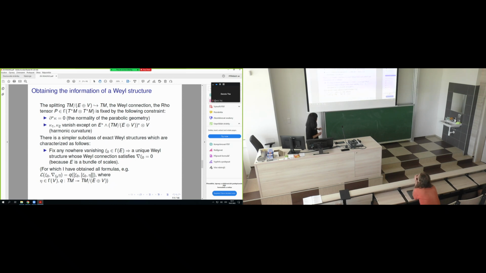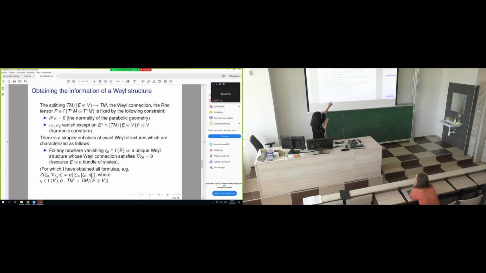And when getting explicit expressions, I can further restrict to some even nicer Weyl structures: you choose a nowhere vanishing section of the distinguished line bundle E, which pins down a unique Weyl structure whose connection is parallel for this section, and then the expressions simplify drastically.